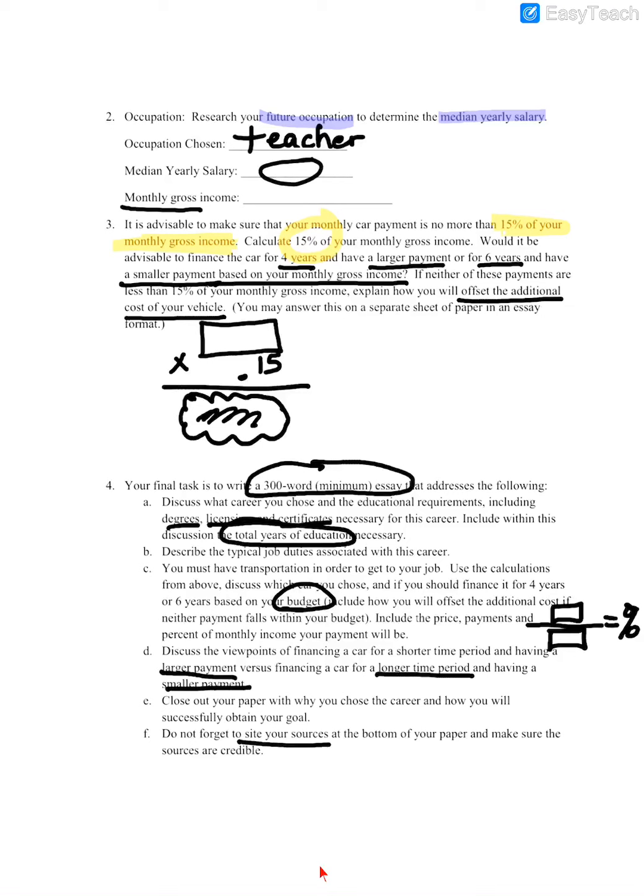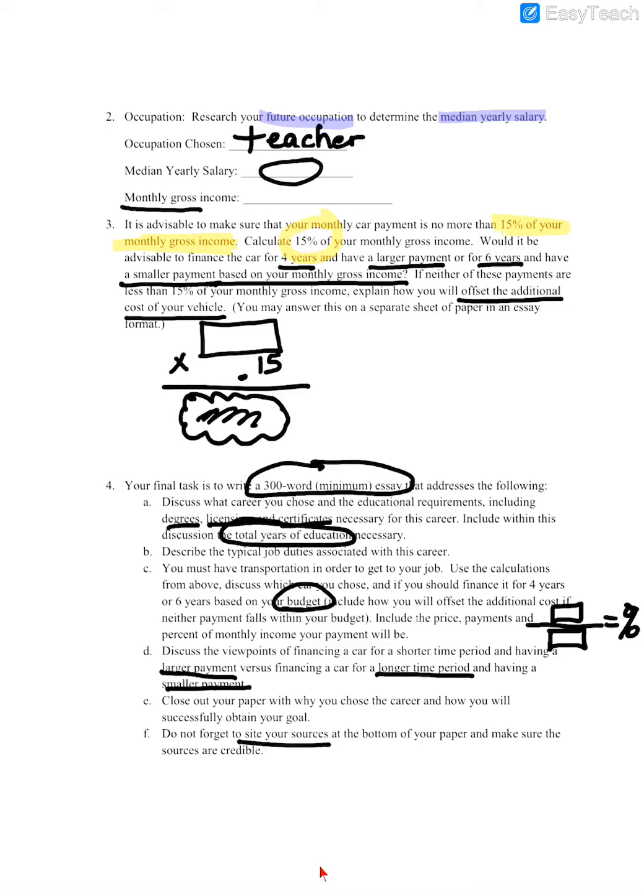When you're researching your career, include a works cited or bibliography about where you got your information from. Just do that at the bottom of your paper and make sure that they are credible sources.